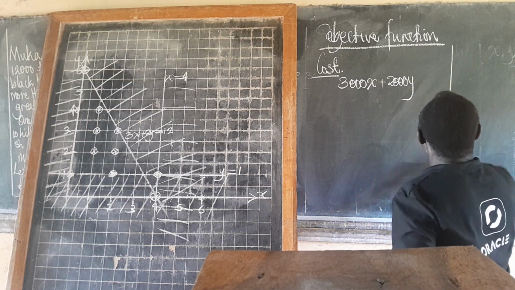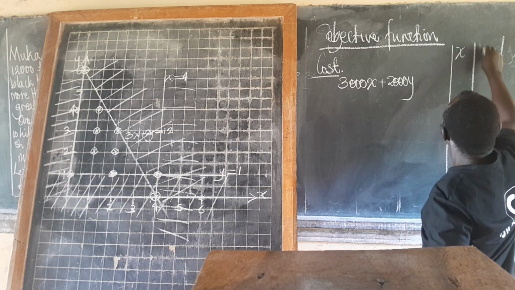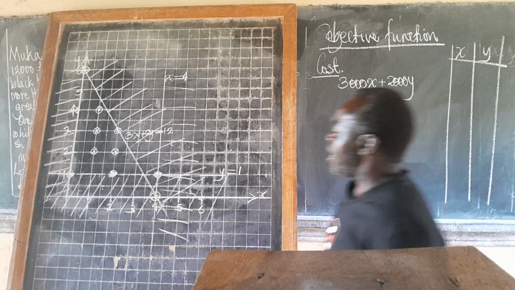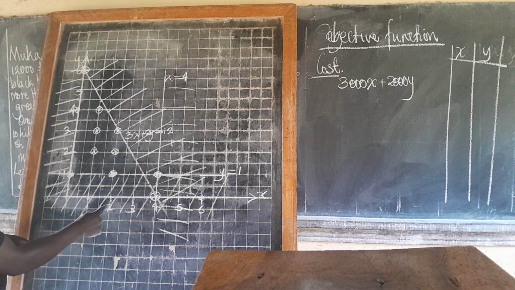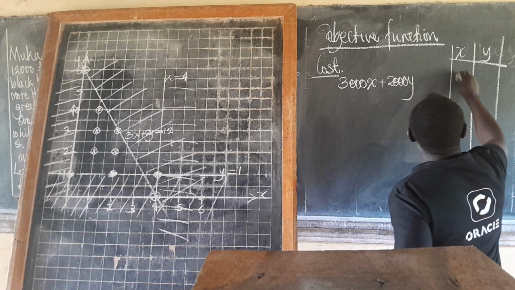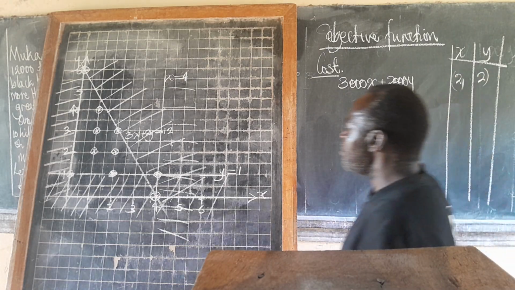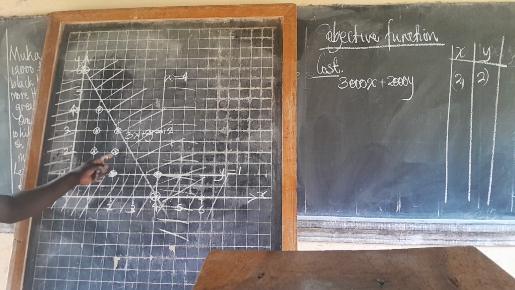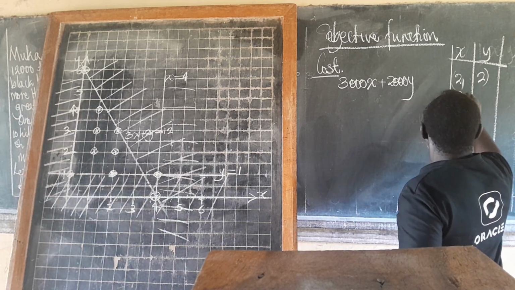I want to put them here. This is x, this is y. Here we have this point. Which point is this one? This is 2, 2. That's one. Then we have 2, 3.